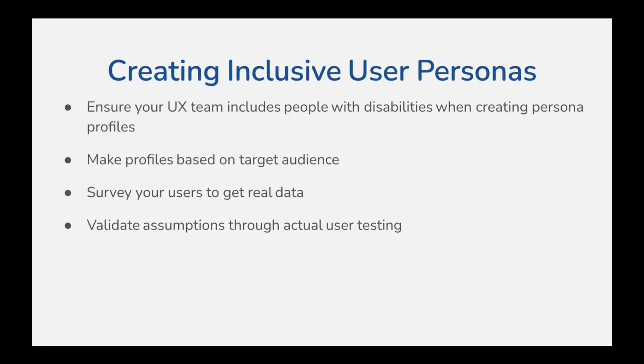So building these profiles and writing code according to these people's needs is one thing, but you need to absolutely verify it with actual people. And you might do that either in your early stages when you're prototyping something, you might include people there, or even a better way of doing it is at the end, making sure that you're including users of different abilities in user testing through your QA cycle.